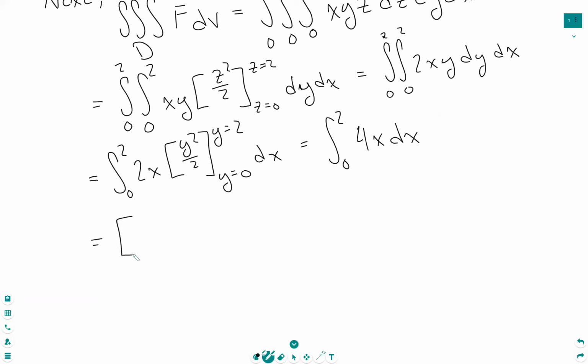And this will give us 2x squared, from x equals 0 to x equals 2, or we get 8.